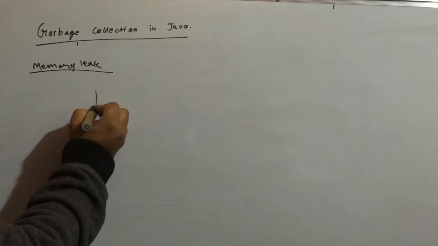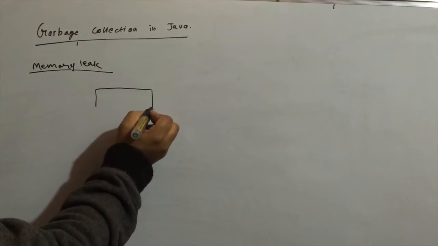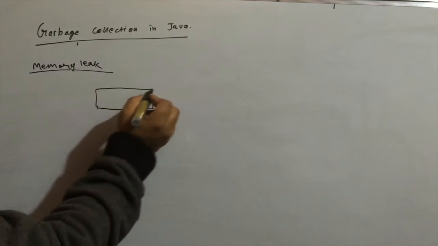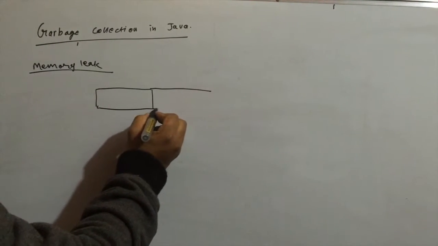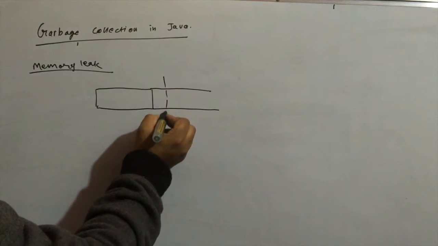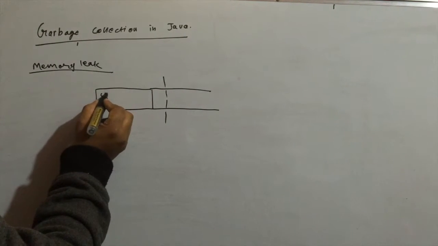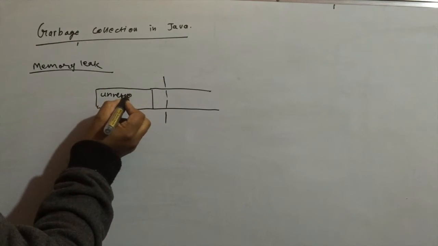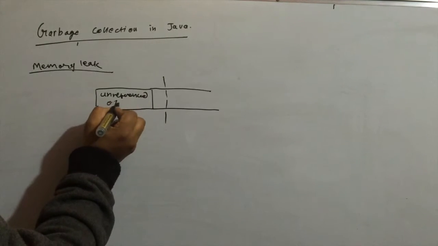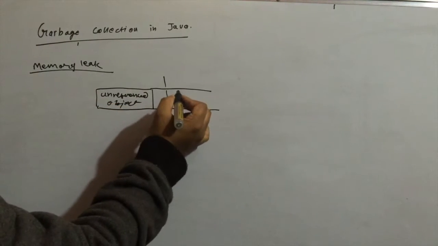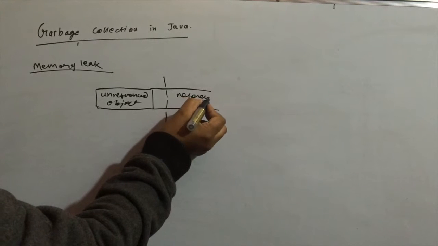If we forget to unreference an object, then there will be a problem called memory leak. These are unreferenced objects, and referenced objects.